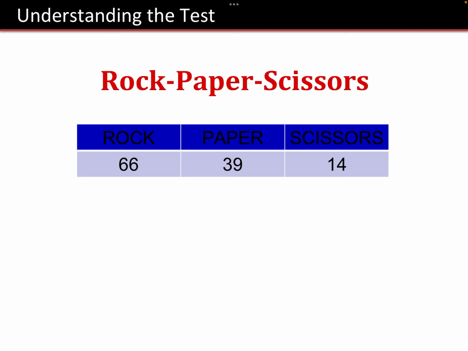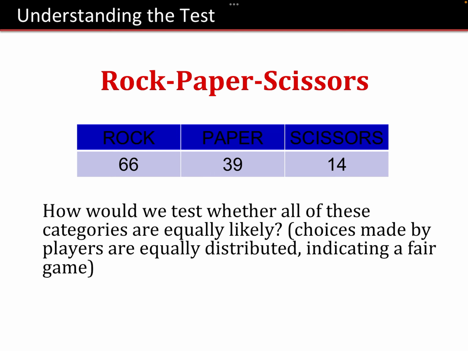This is the data that you have collected when you play many games. Now let's look at how many rocks, papers, and scissors we have here. We have 66 rocks, 39 papers, and 14 scissors. Obviously it's not equally distributed, but this is actually what we're trying to do with the goodness of fit test.